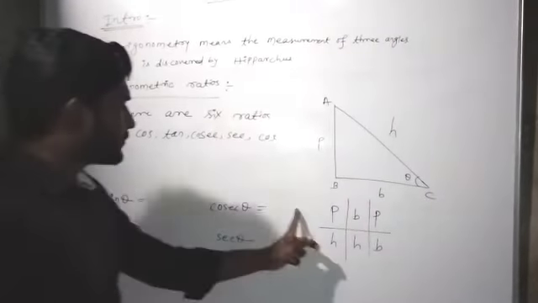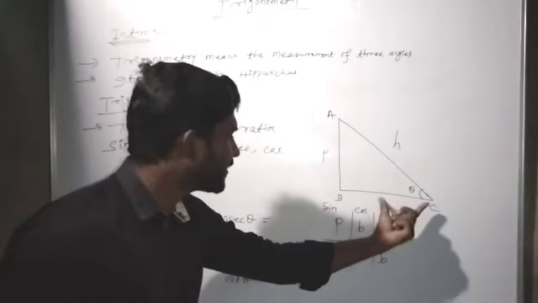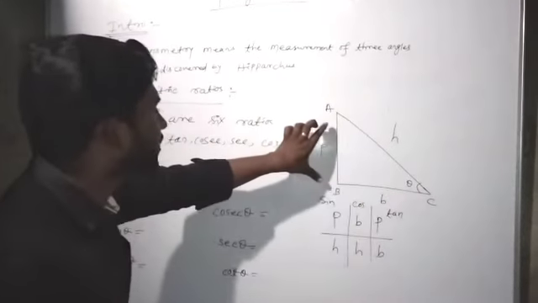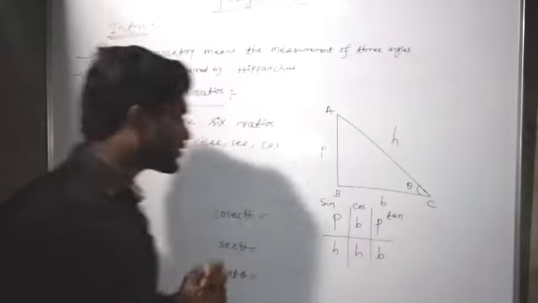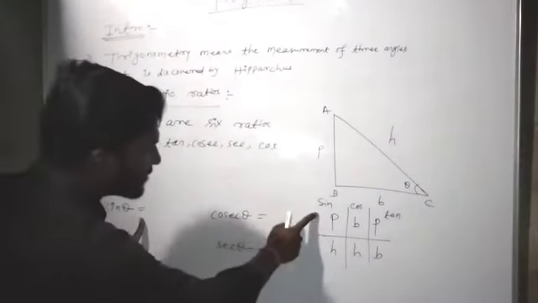P by H stands for sine, B by H stands for cos, and P by B stands for tan. So here, if you consider theta, then it will be the base and the perpendicular, and AC will be its hypotenuse. So sine theta means P by H.